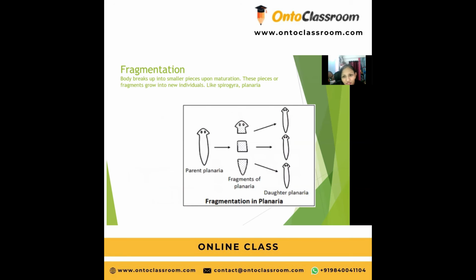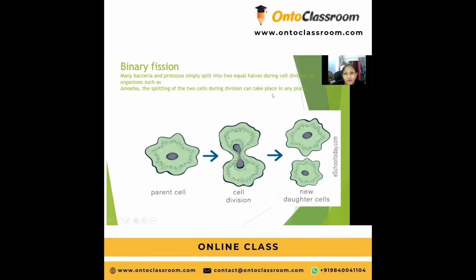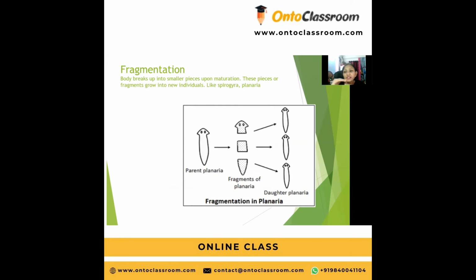Now we'll talk about fragmentation. Fragmentation is also important. Fragmentation is basically the division of the body. This type of asexual reproduction takes place in planaria and spirogyra. What happens here?